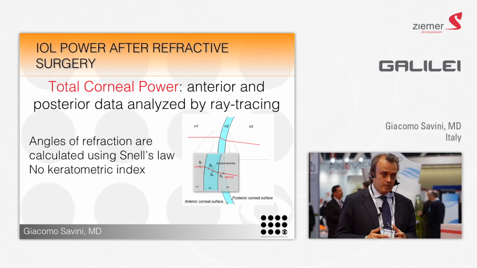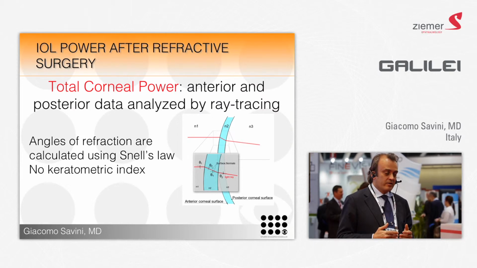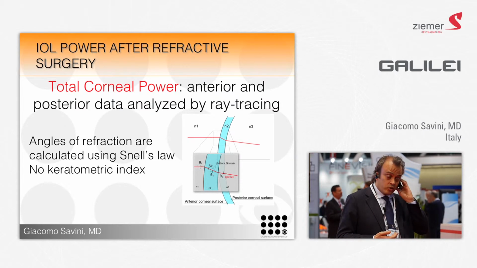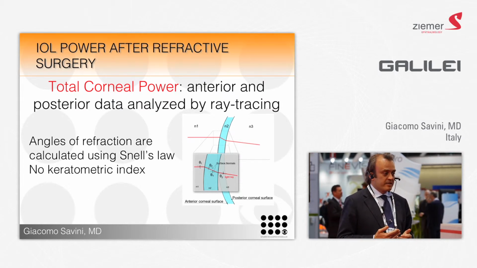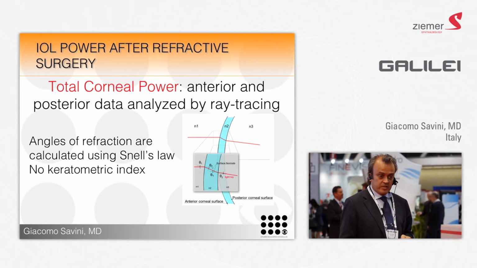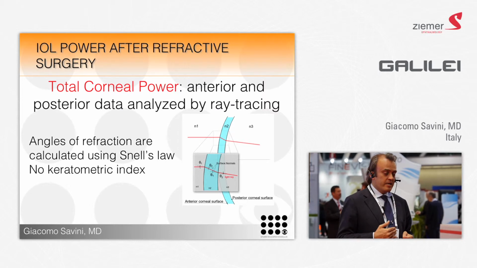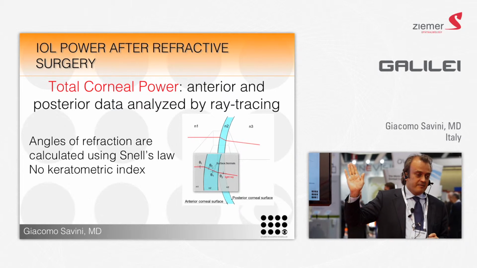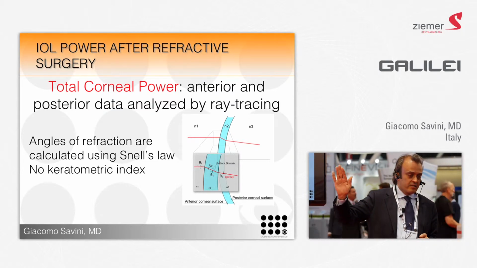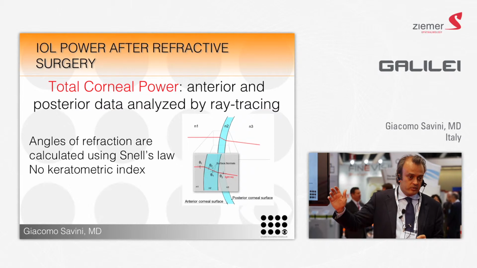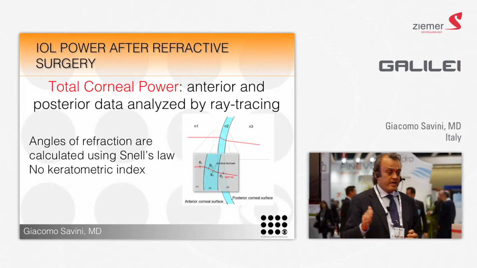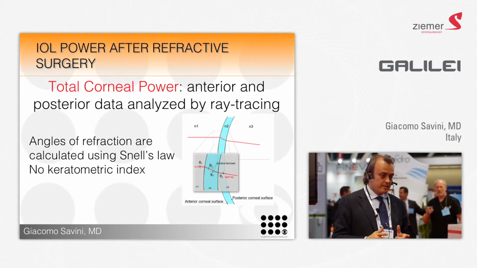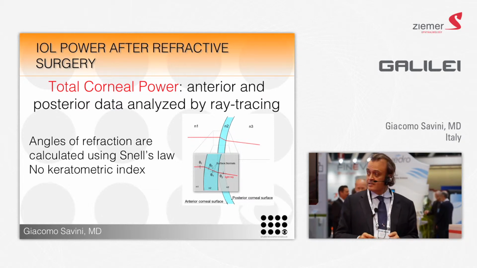And this is possible if we don't rely on a single fictitious index, which is not true and considers the cornea as a thin lens, but move to ray tracing and consider each part of the system: the air, the anterior surface of the cornea, the stroma, the posterior surface, and the aqueous, and use the right refractive index for each diopter.